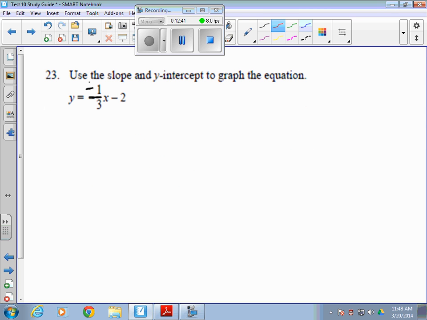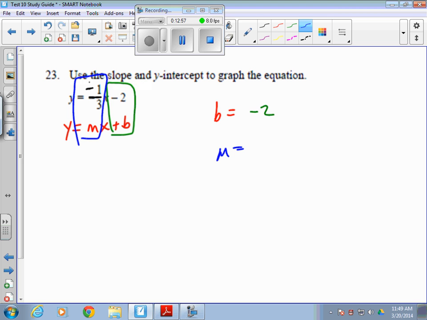23, graph this equation. Y equals mx plus b. Your b value tells you where to begin. In this case, our b value is negative 2. Our m value tells you where to move. Our m value in this case is negative 1 over 3. So now we have everything we need to graph the equation. Begin on your y-axis at negative 2.